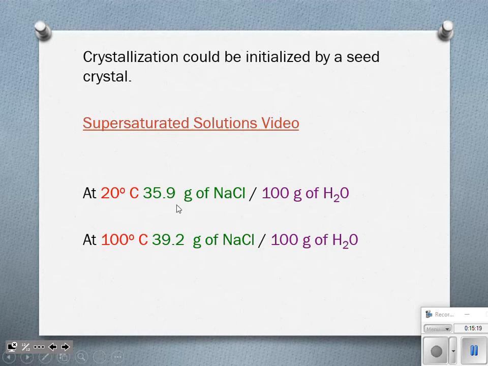So I've got a little under 4 grams extra that should not be able to be dissolved in that. So what would happen if I would throw in that one seed crystal? If I'd throw just that one crystal in, it would cause all that extra to come out of the solution, and I would only have the 35 grams in there.